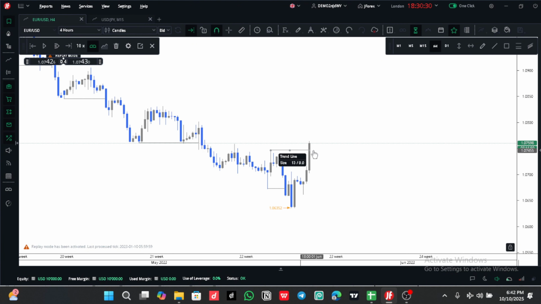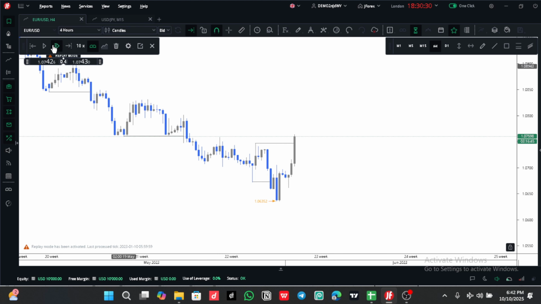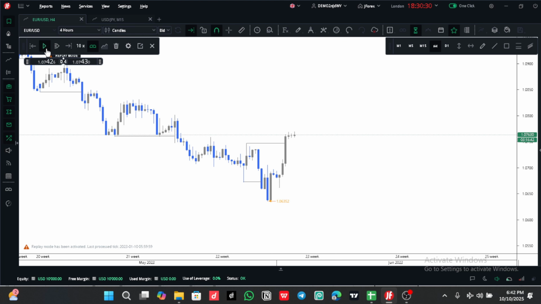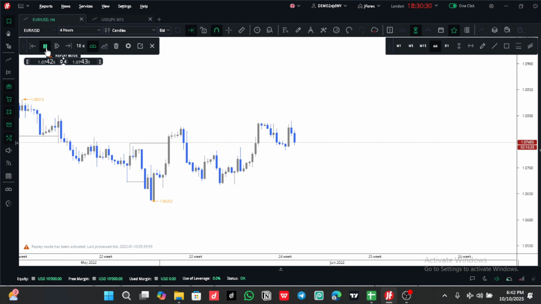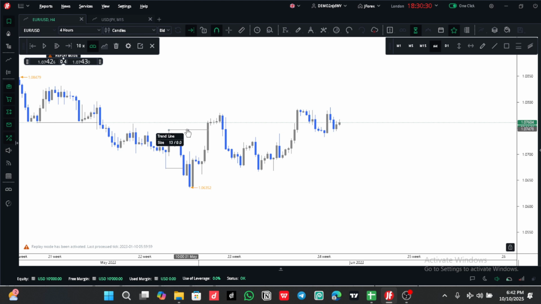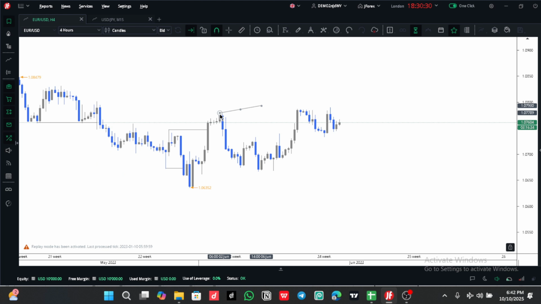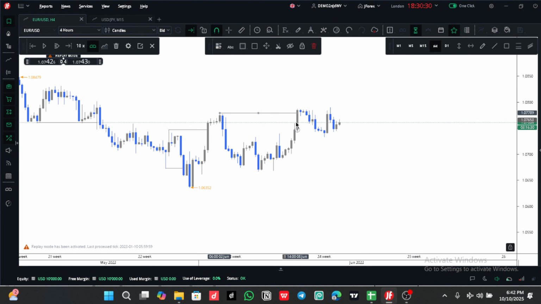You can see it broke the high with the body candle. It broke the low with the body candle. I draw that, I draw this. It broke this high with the body candle. You can see it broke with the body candle.